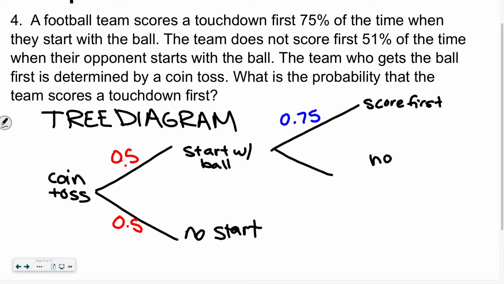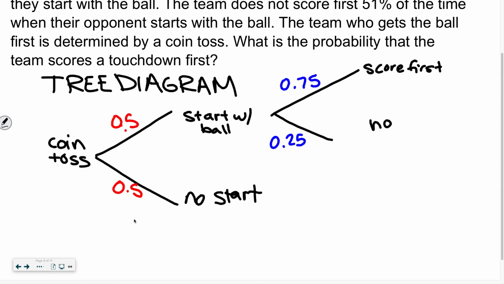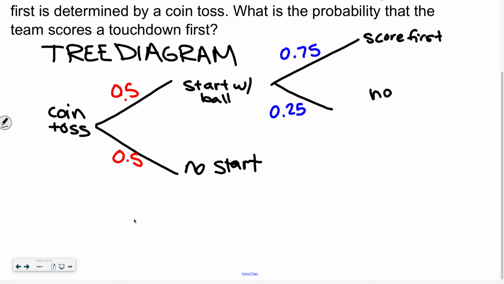And what would your probability be? 0.25. Josh, can you tell us how you got that? 1 minus 0.75. Yeah, complement. If you do score first when you start with the ball 75% of the time, you don't score first 25% of the time. Okay. And then we also have options for if we don't start with the ball, right?